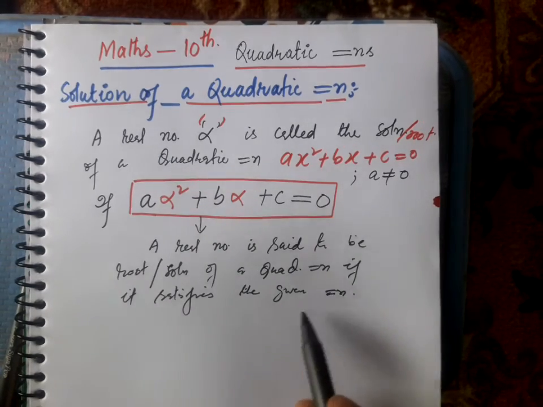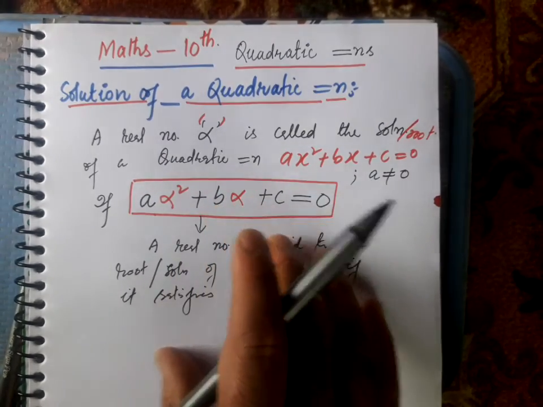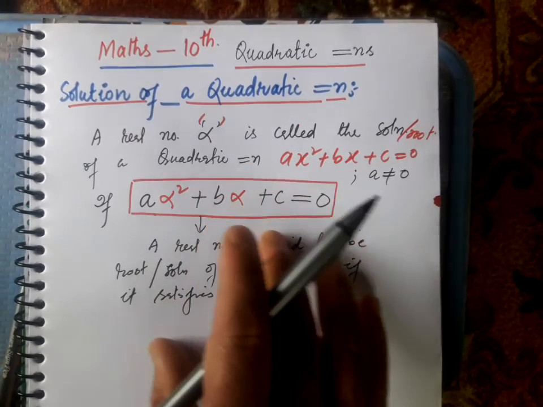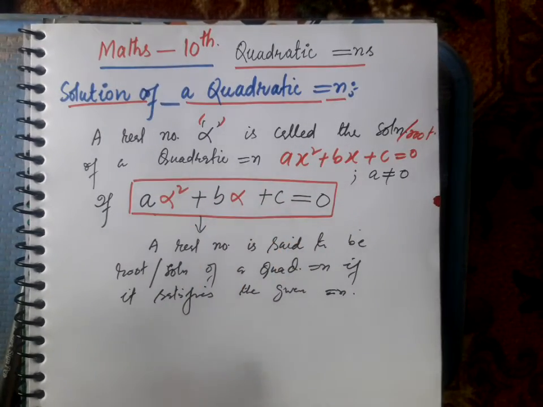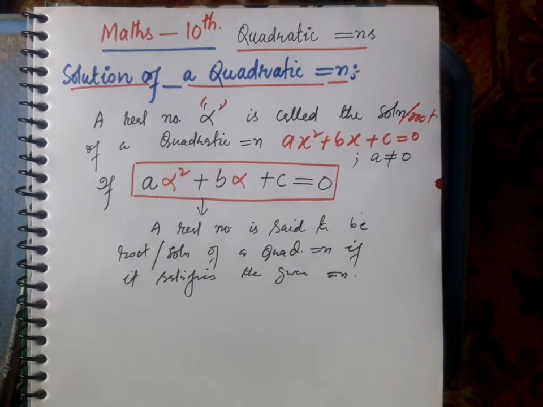So simply, if a number satisfies a given quadratic equation, then that number is said to be the root or solution of that equation.